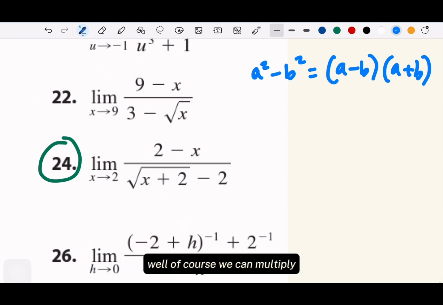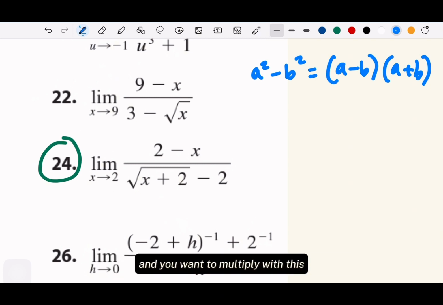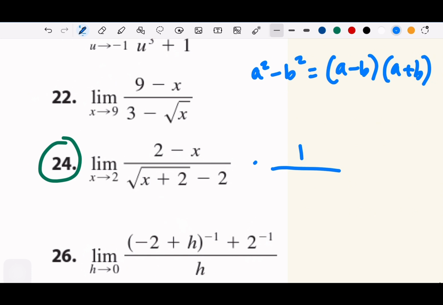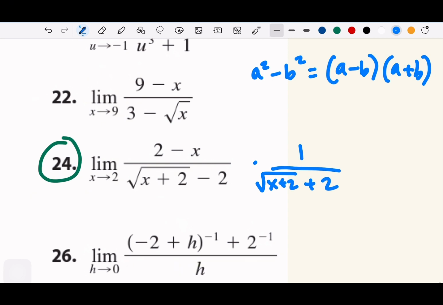But of course, we cannot just multiply. If you have a mathematical expression like this and you want to multiply with this, my question is, why do you do that? If you do this, it means that you change the question, you change the function.